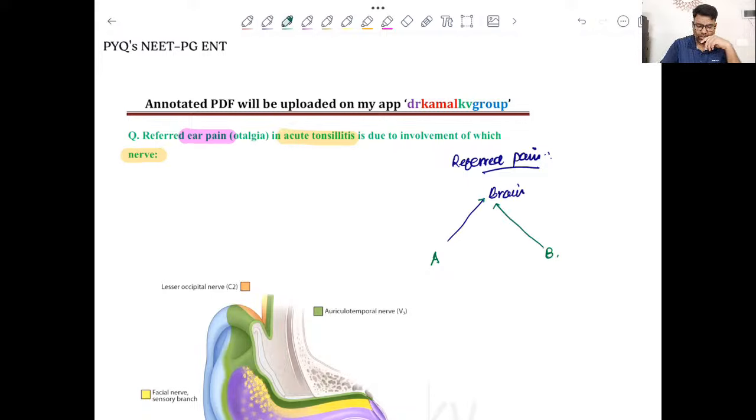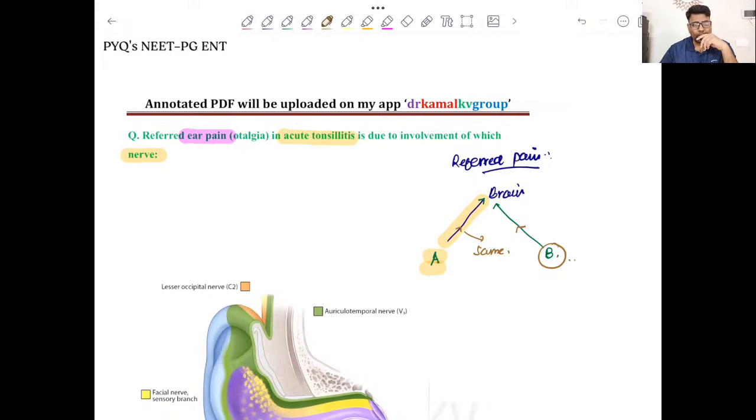The concept is that the nerve carrying the pain sensation from both structures is the same. So if there is pathology in A and the pain sensation is going through the nerve, the brain will perceive as if there is pathology in B, and that is what is told to us by the patient.